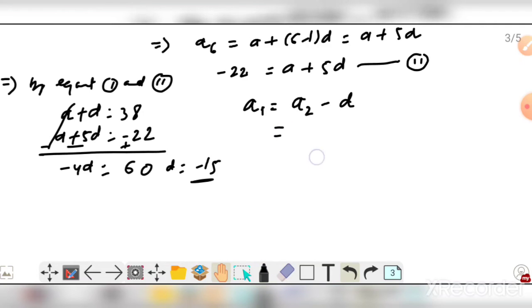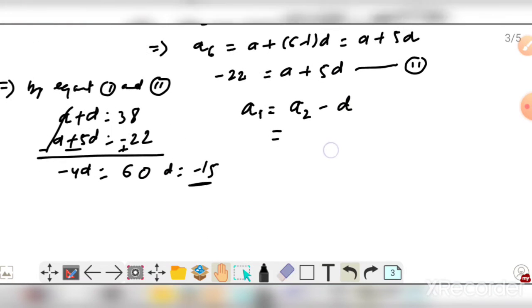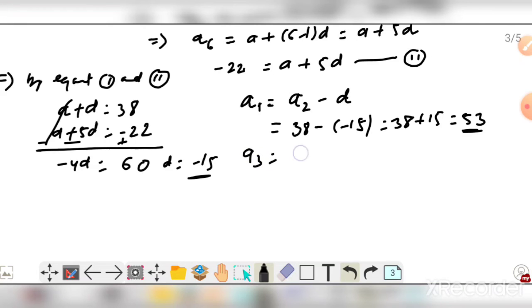You can see what is the value of A2 here, 38. Okay, so 38 minus 15, this will be 38 plus 15, this will be 53.